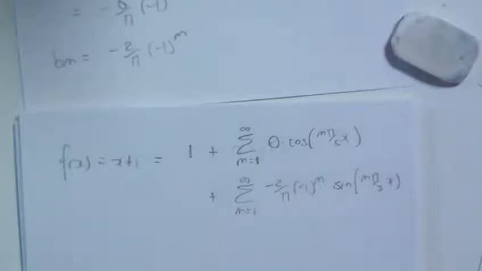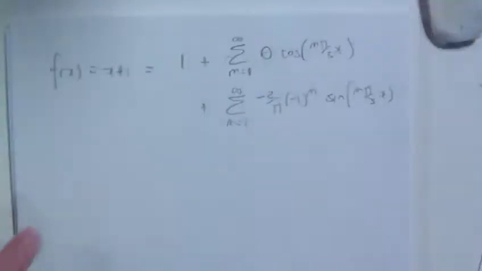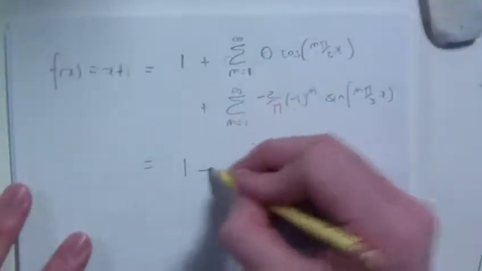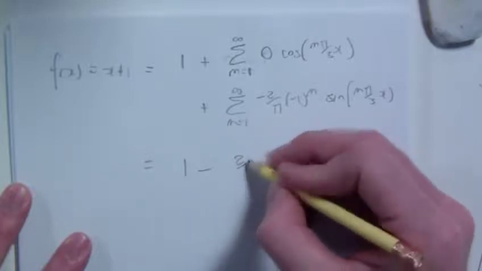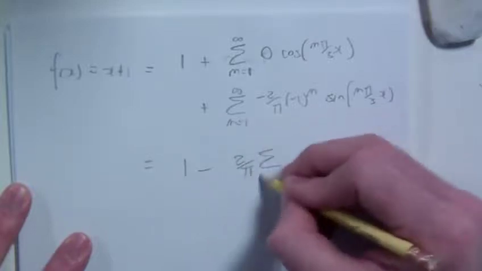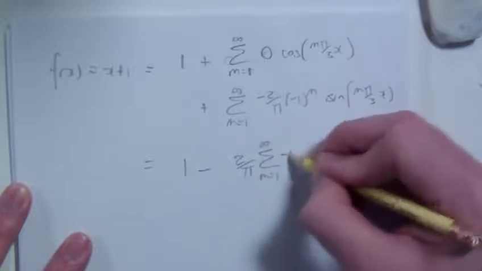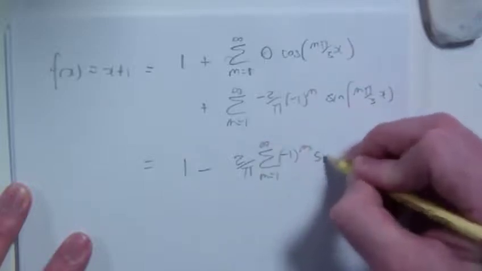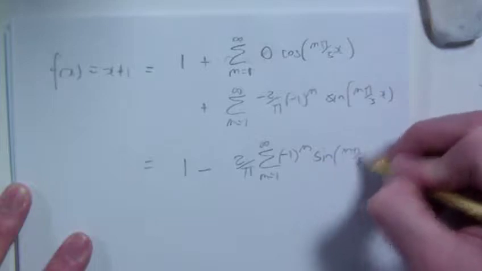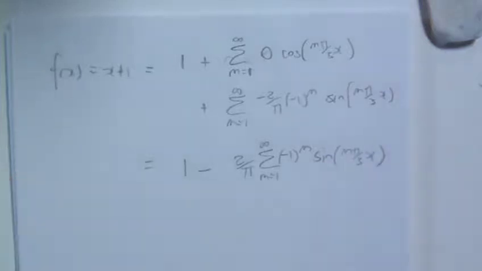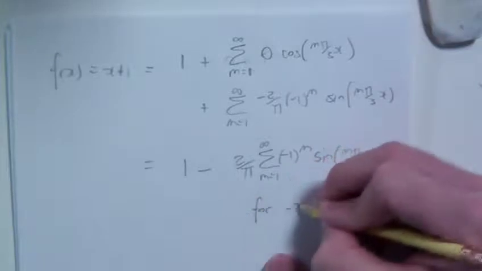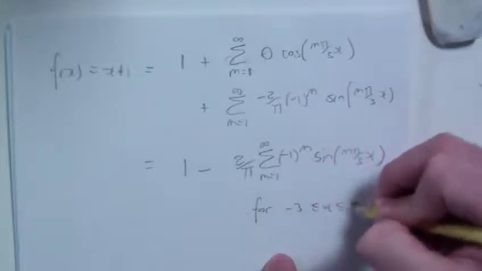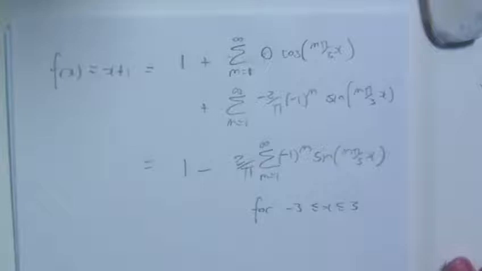So that's my Fourier series, which, just to make it look prettier, is that. Technically it's only for x between minus 3 and 3, well, and periodically, I suppose.